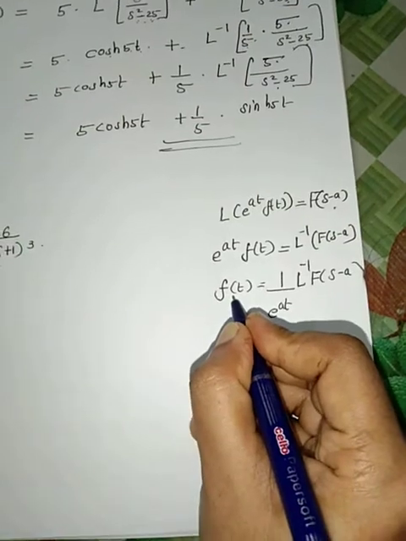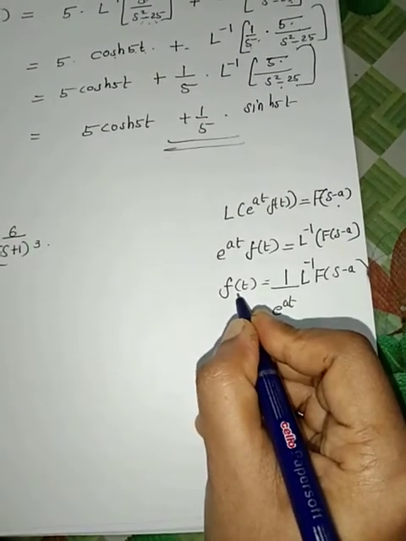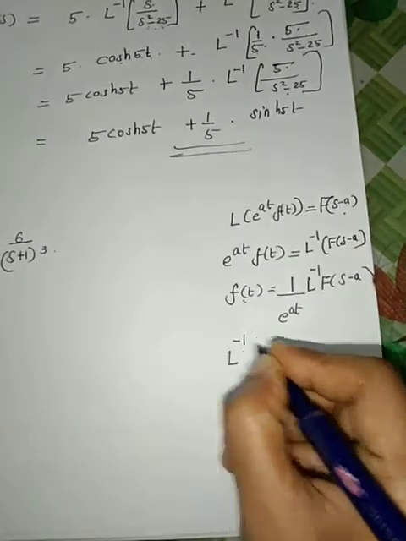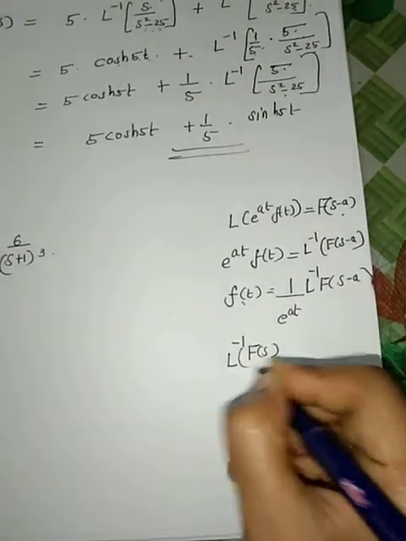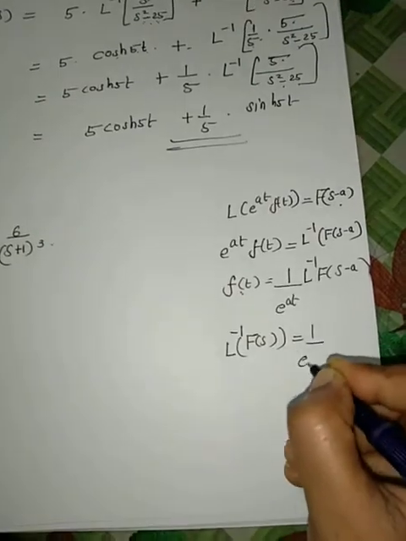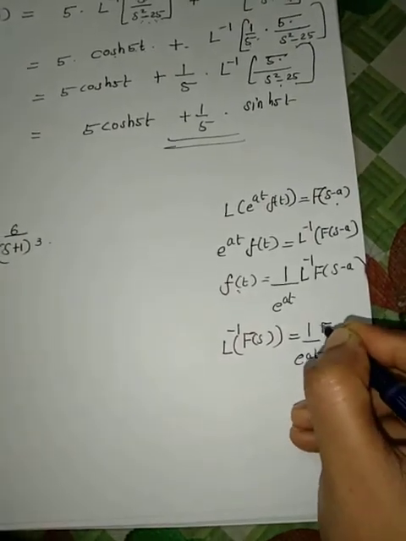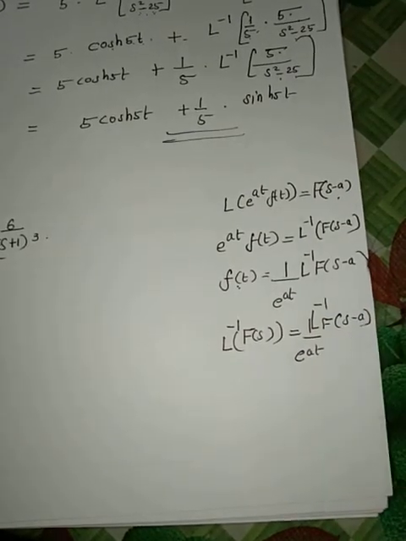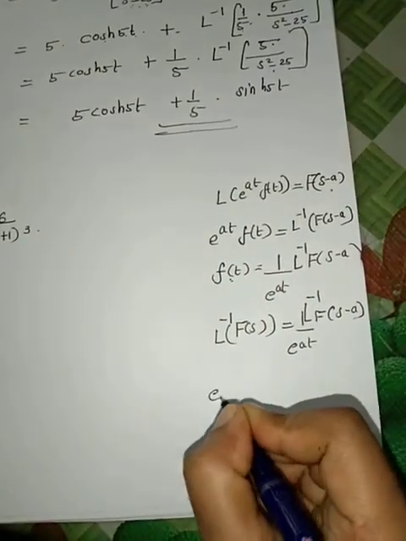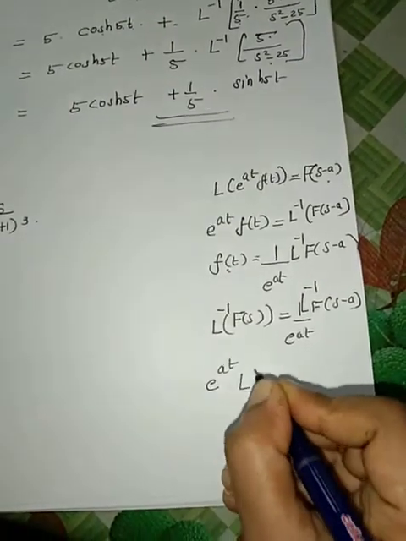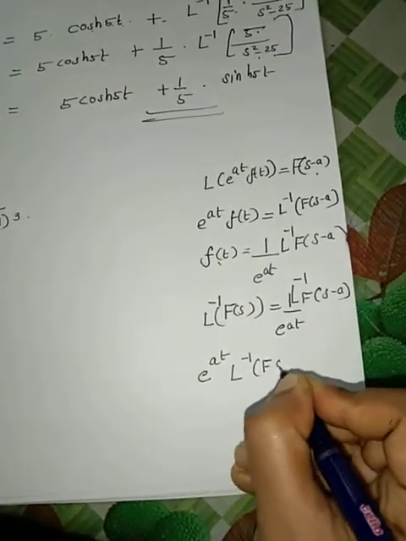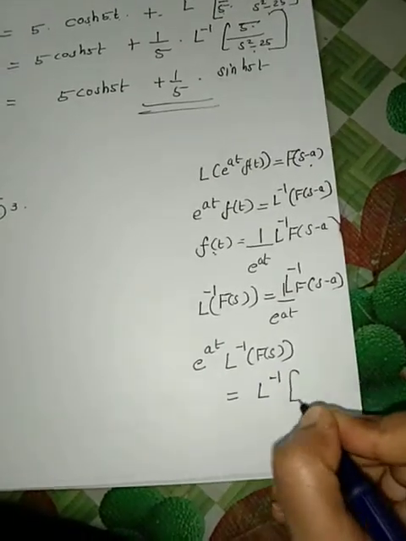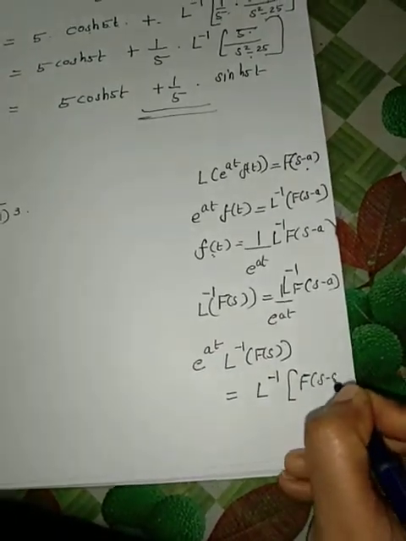If L of f of t is equal to F of s, therefore f of t is L inverse of F of s. Therefore L inverse of F of s is equal to 1 by e raised to at L inverse of F of s minus a. That is e raised to at into L inverse of F of s is equal to L inverse of F of s minus a.